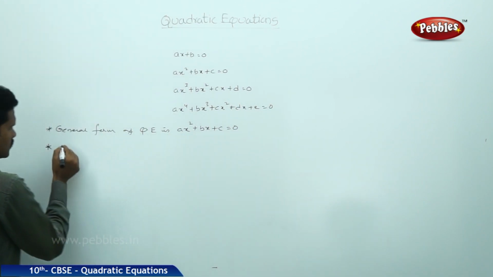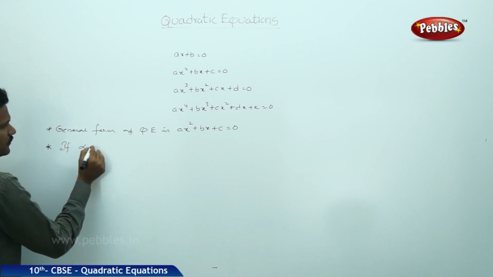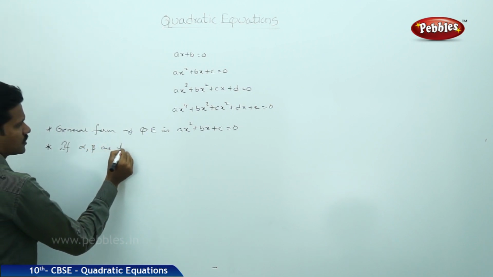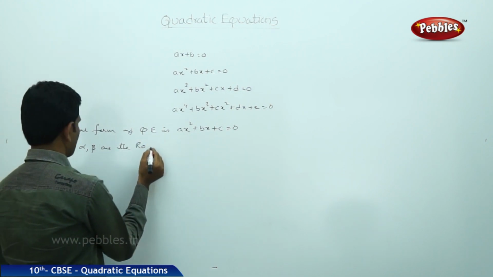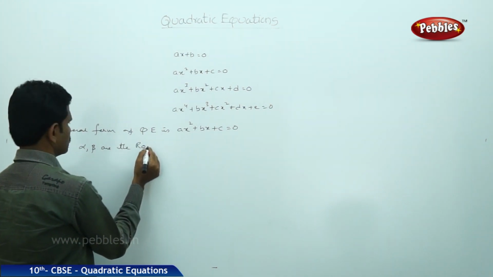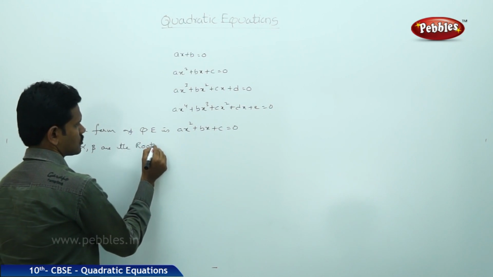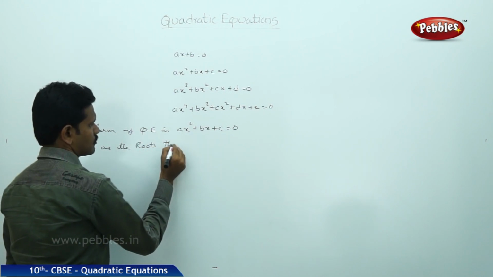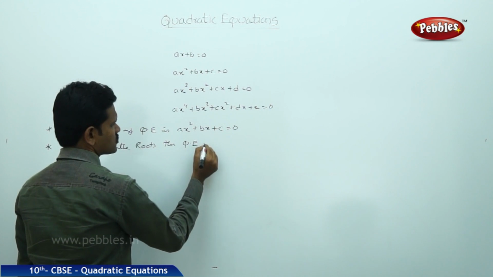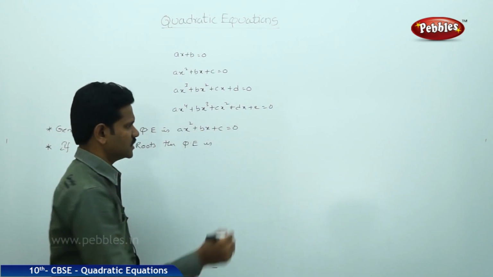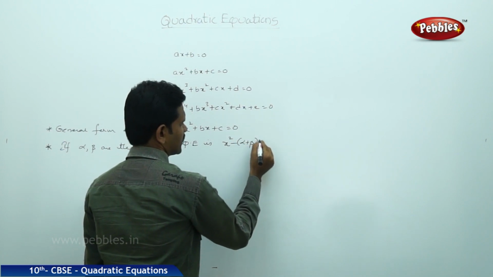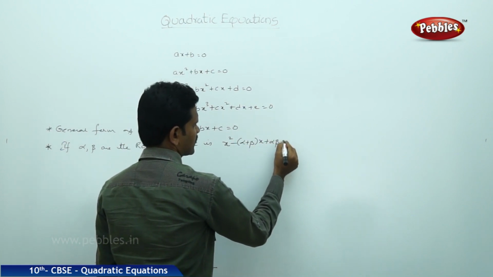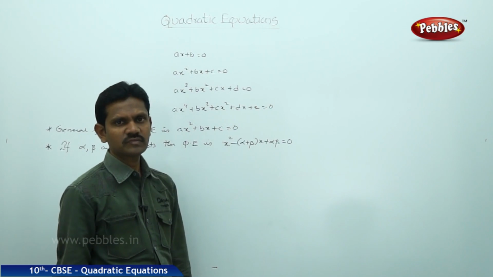That is, suppose alpha comma beta are the roots, then the quadratic equation is x square minus (alpha plus beta) x plus alpha beta is equal to 0.